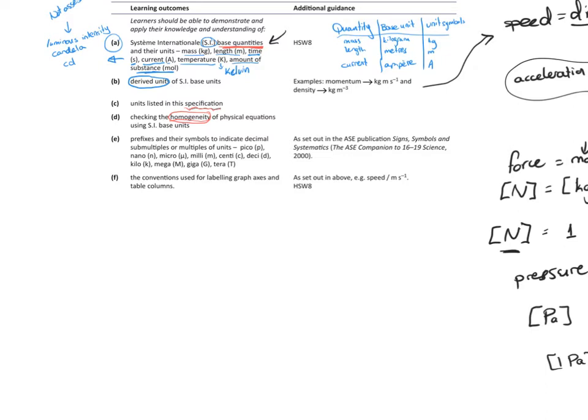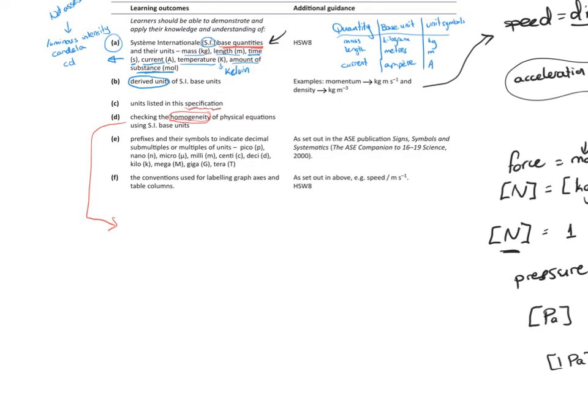So basically the same kind. And in this case, when we are checking that it is the same kind of physical equation using SI base units, what we mean is that we can check that an equation is valid if both of the sides of the equation have the same SI base units.